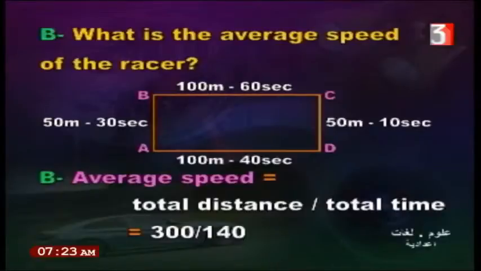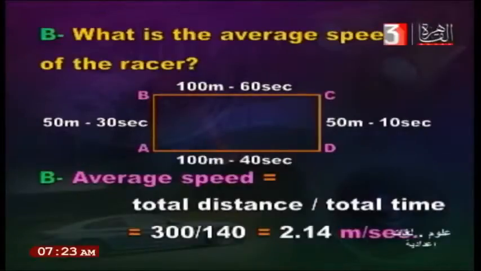Okay, let's calculate the total time. 30 from A to B, 60 from B to C, 10 from C to D, and here we have 40 from D to A, because the racer returned back to the starting point. So 300 over 140, the average speed is 2.14 meters per second.